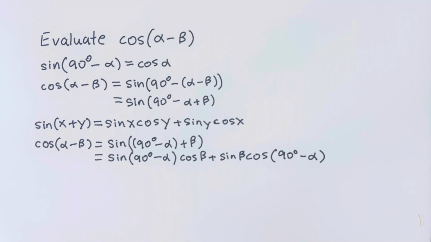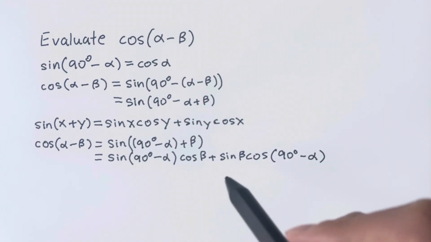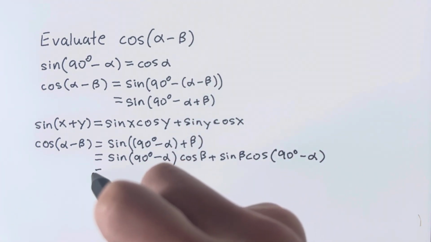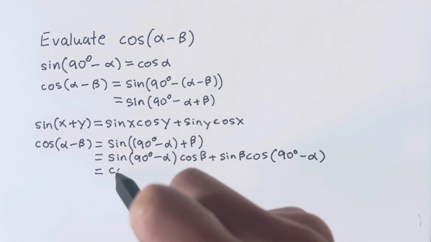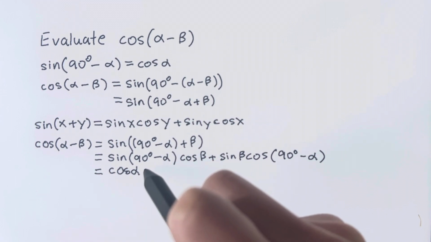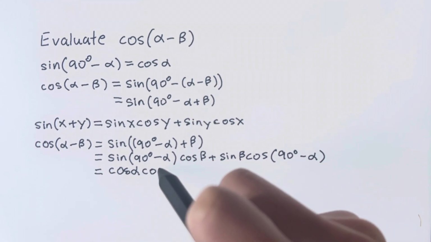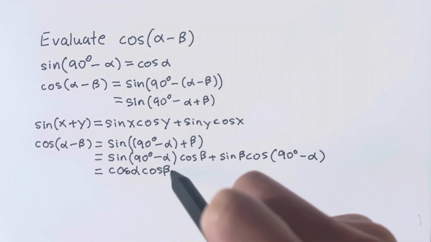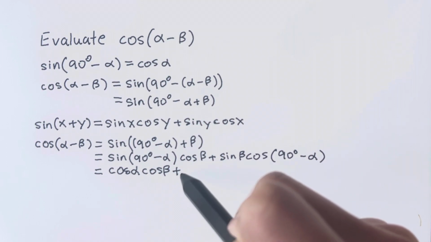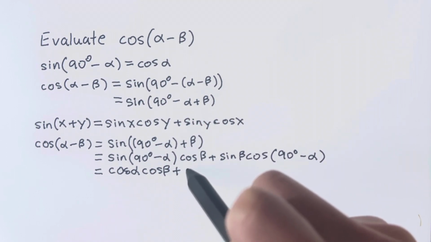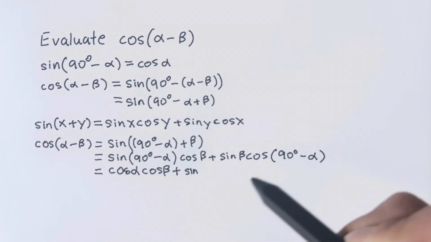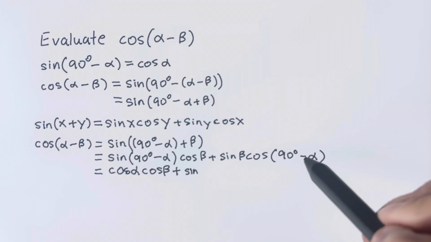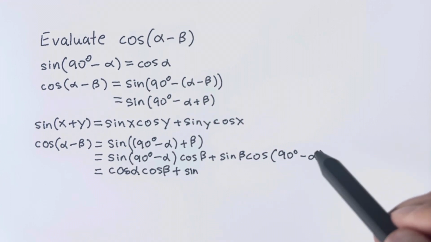And finally, since the sine of 90 degrees minus alpha equals to cosine of alpha, this will equal to cosine alpha times cosine beta plus sine beta times sine alpha, because the cosine of 90 degrees minus alpha equals to the sine of alpha.